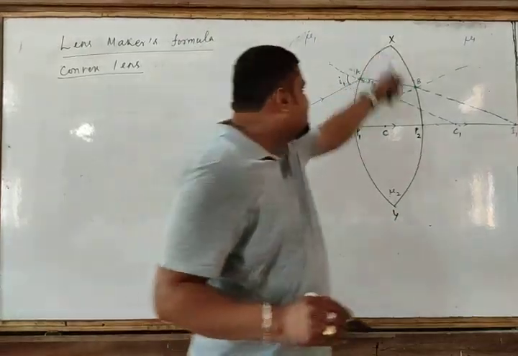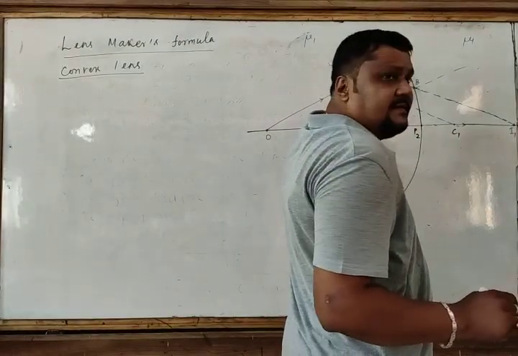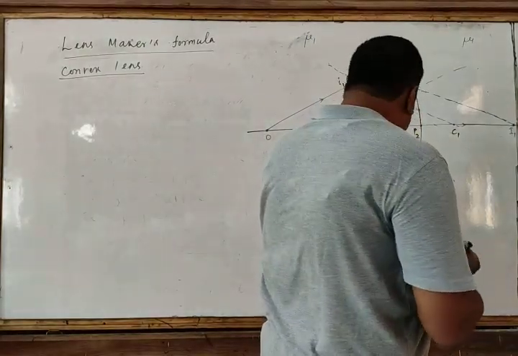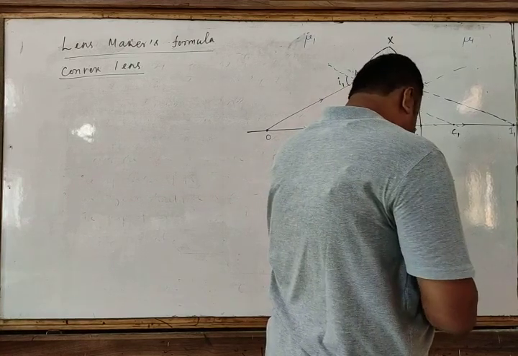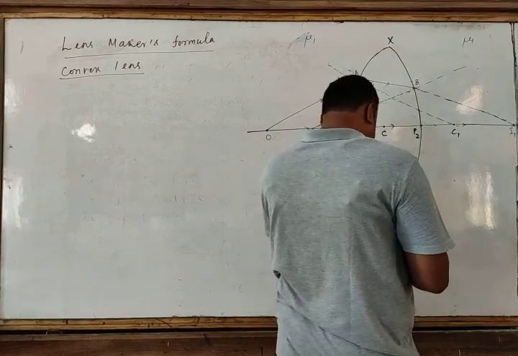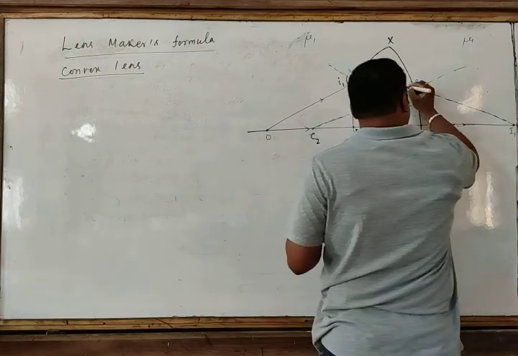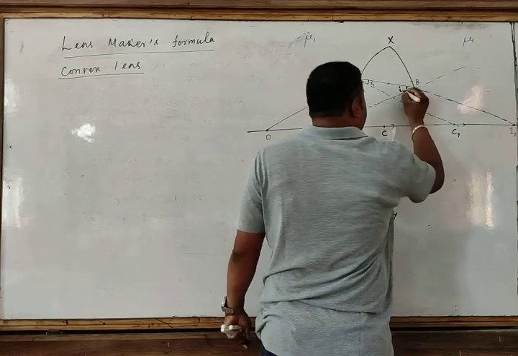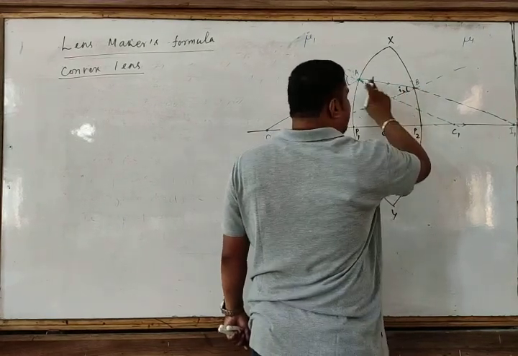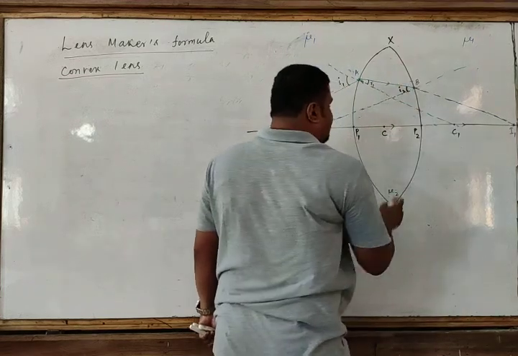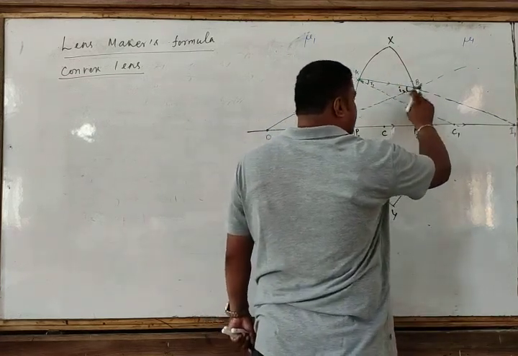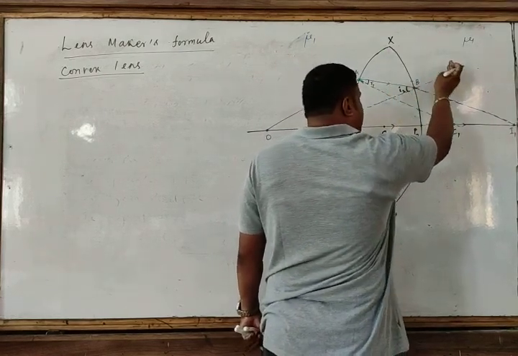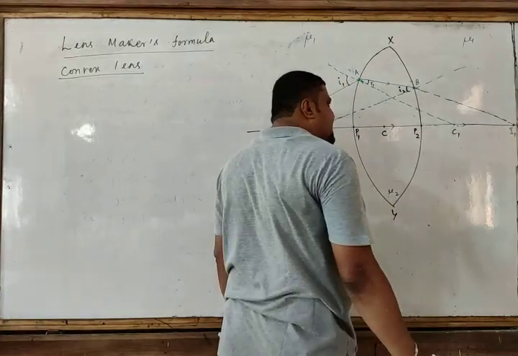Because of this surface, the ray is now traveling from denser to rarer. So if this is the ray, you can show the incident angle. Now this was I1; here I will take I2. AB is the incident ray for the surface XP2Y, I2 is the angle of incidence, and after refraction, since it is denser to rarer, it bends away from the normal.